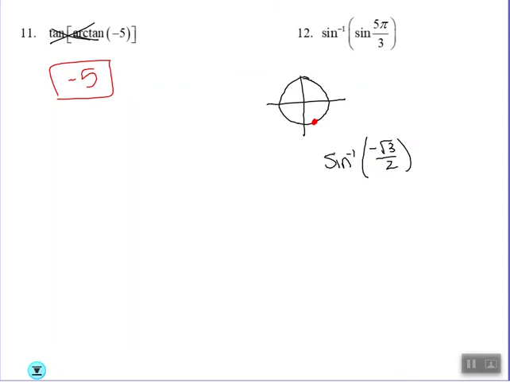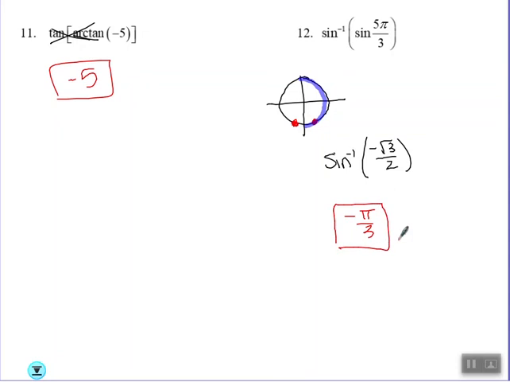Now, if we want to know what the inverse sine of negative square root of 3 over 2 is, both of these points have a sine of negative square root of 3 over 2. But inverse sine only goes from negative pi over 2 to positive pi over 2. So the angle with a sine of negative square root of 3 over 2 that is between negative pi over 2 and positive pi over 2 is negative pi over 3.